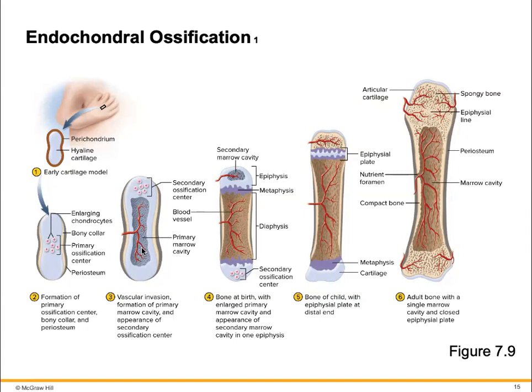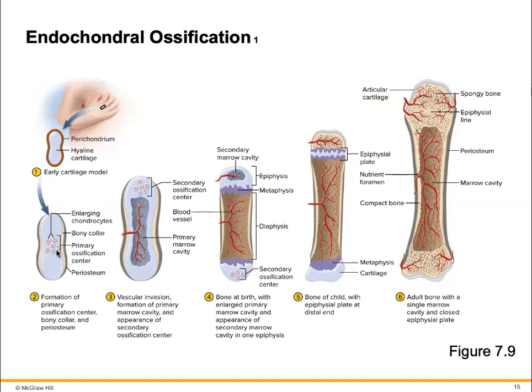The osteoclasts will break up the calcified lacunae connections and develop the actual cavity itself. The perichondrium gets converted into periosteum, where it starts to produce the osteoblasts. The osteoblasts will continue to deposit bone material surrounding the chondrocytes in the middle and creating kind of this ring, or a napkin ring, is the way your book describes it.